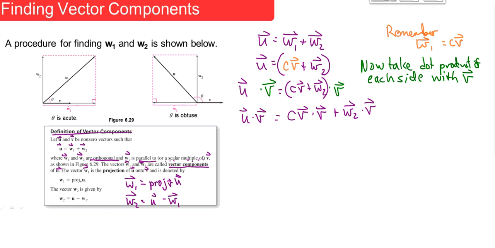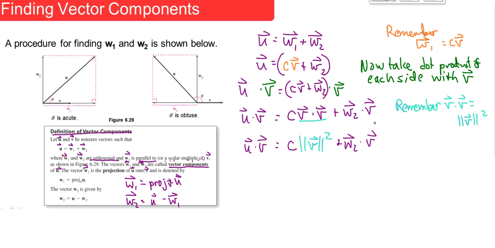So I'm going to replace that with the magnitude of V squared. U dot V is equal to C times the magnitude of V squared plus W2 dot V.